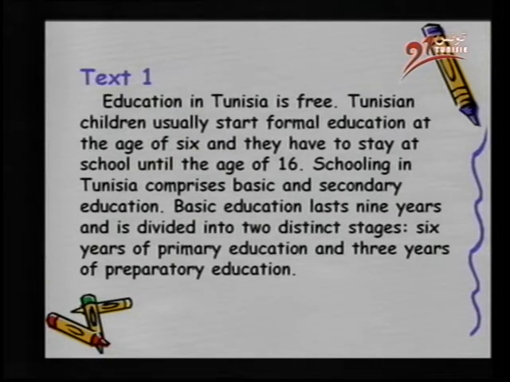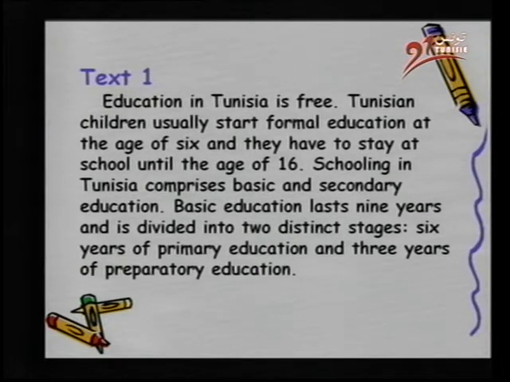Education in Tunisia is free. Tunisian children usually start formal education at the age of 6, and they have to stay at school until the age of 16. Schooling in Tunisia comprises basic and secondary education.